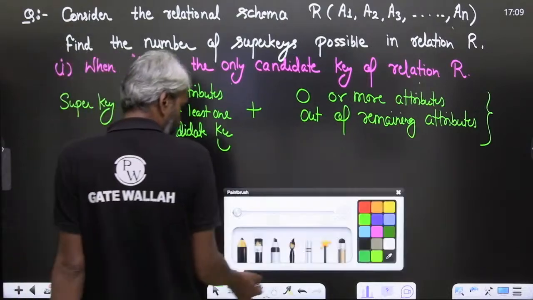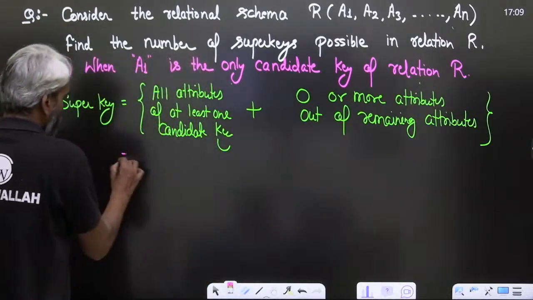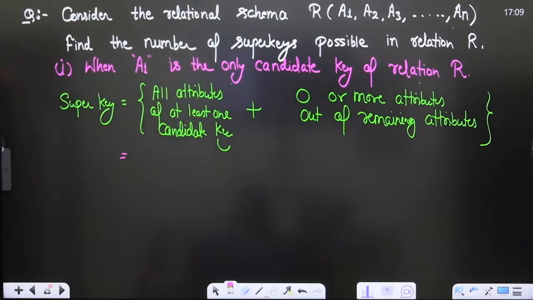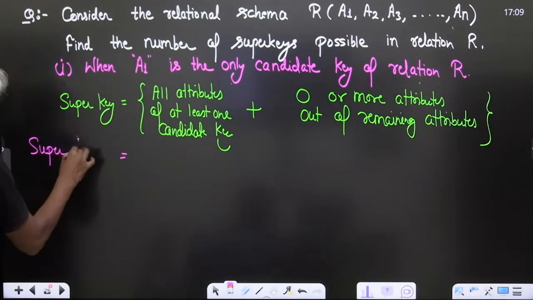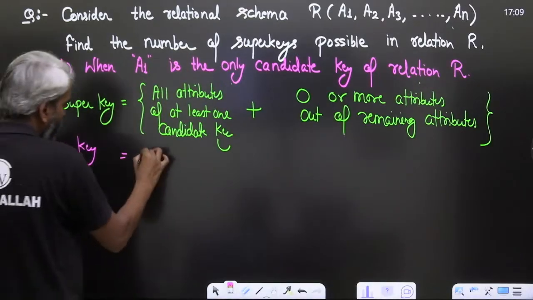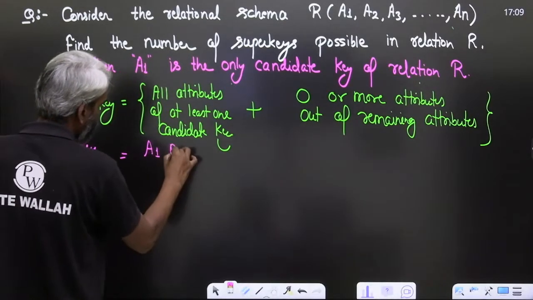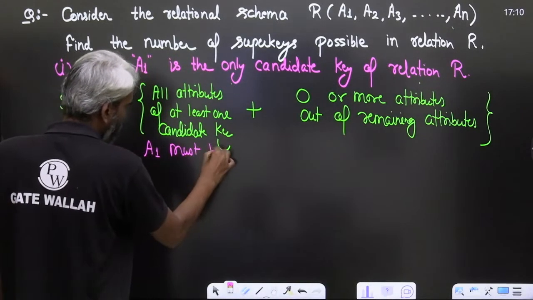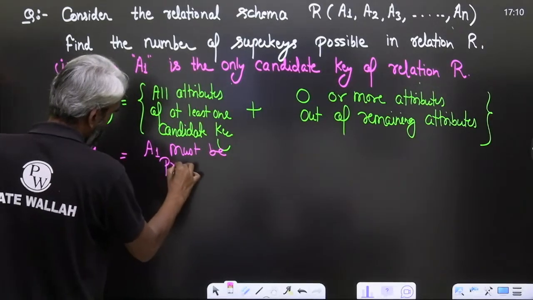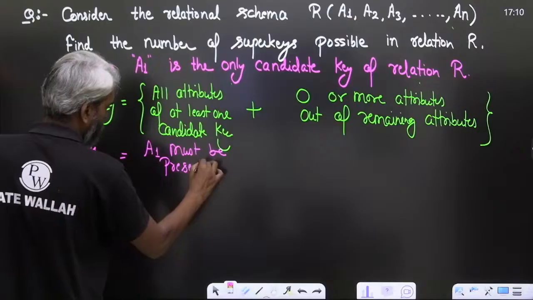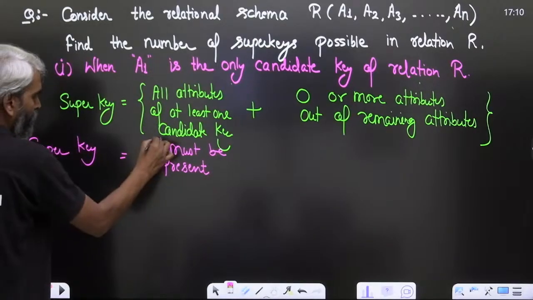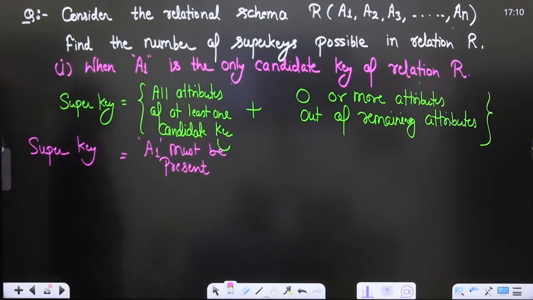So, there is only one candidate key. If I define a super key, then we are saying A1 must be present. The only candidate key is A1.